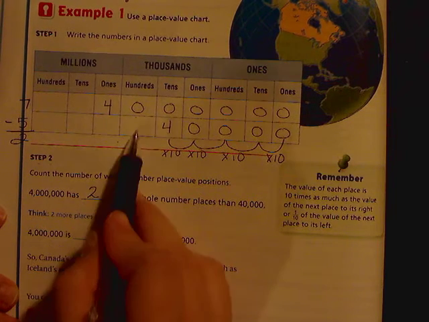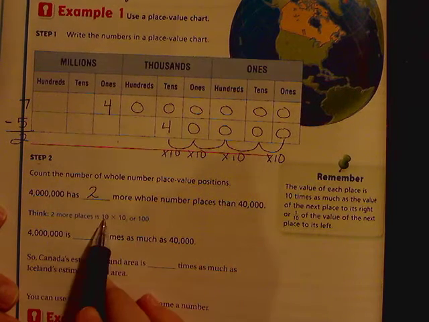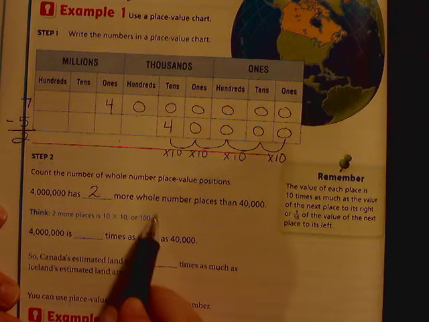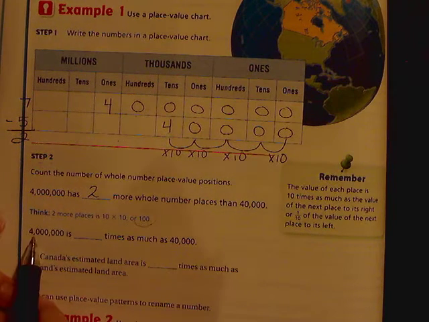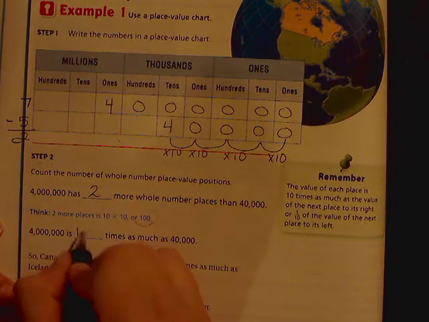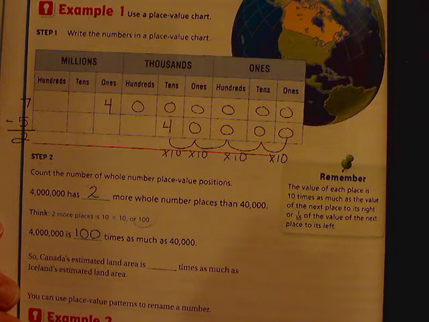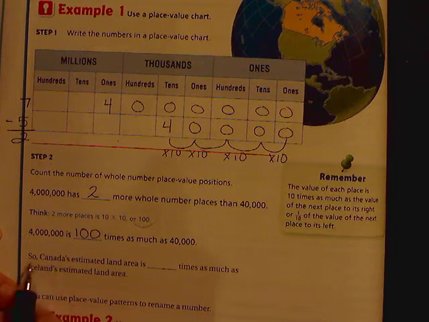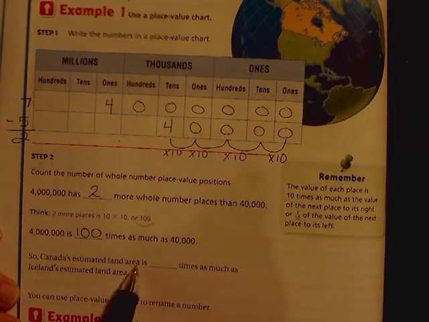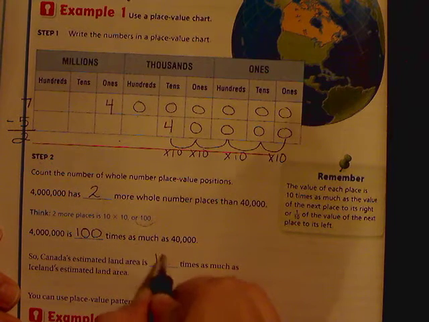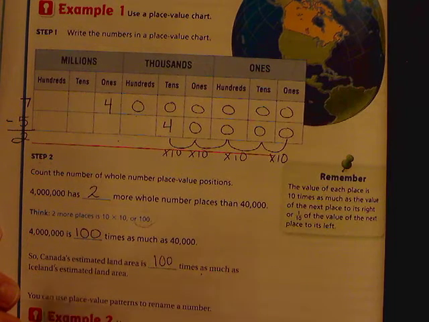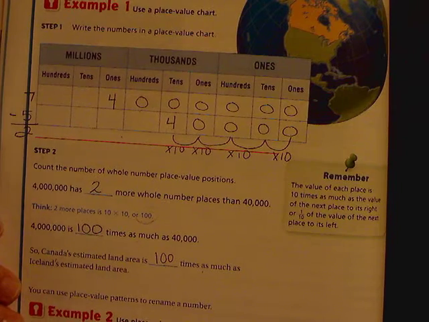So I'm jumping up 2 10s. So if I were to multiply 10 times 10, that equals 100. So that means that 4 million is 100 times larger than 40,000. So Canada's estimated land area is 100 times as much as Iceland's estimated land area.